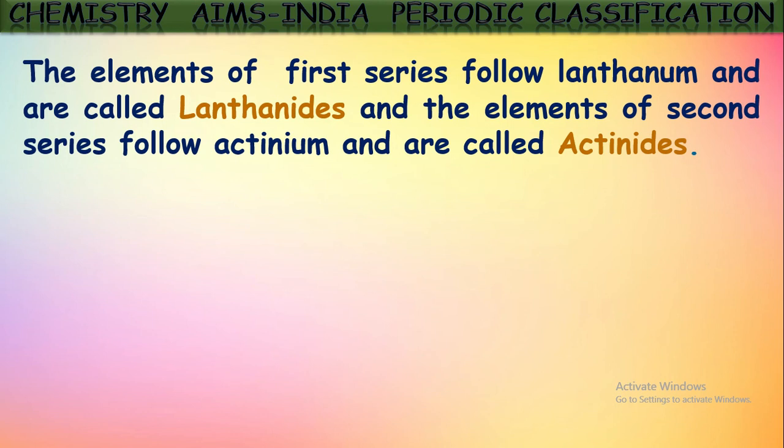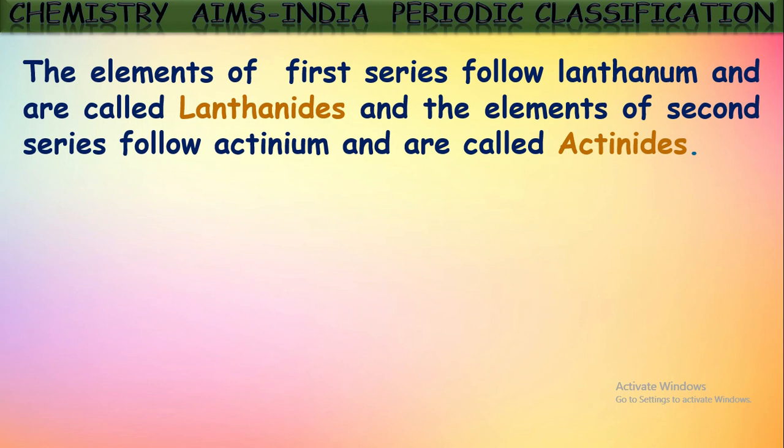And the elements of the second series, the second horizontal row in this block, follow actinium, and hence they are called actinoids, thorium to lawrencium. These elements follow actinium and exhibit chemical properties similar to actinium.